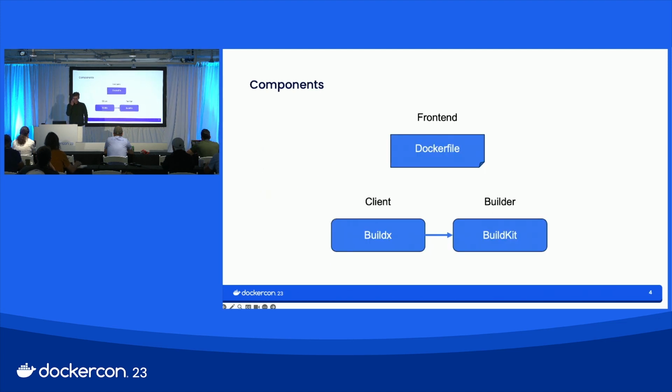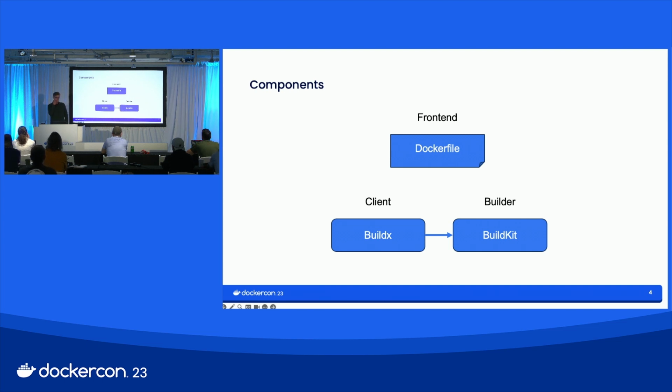If we zoom out a little bit, we have the Dockerfile being actually a front end in all of this, which is hilarious to me. It shows you how far in the back end my build team colleagues are. But anyway, it's a front end apparently.